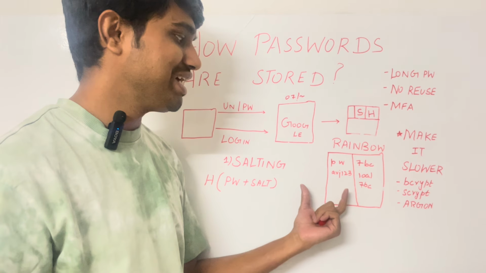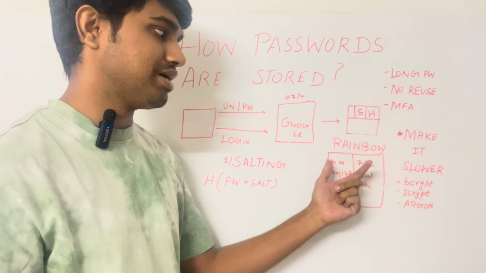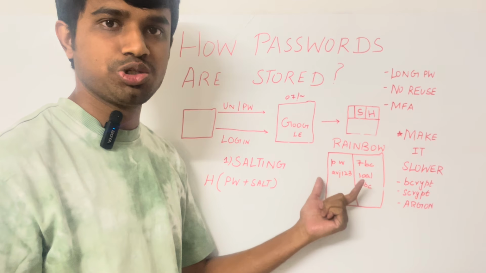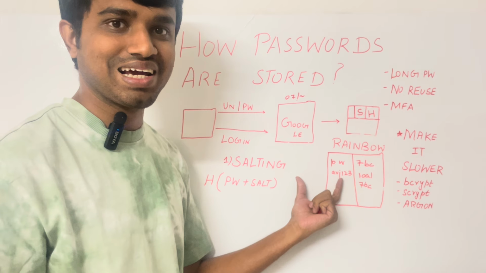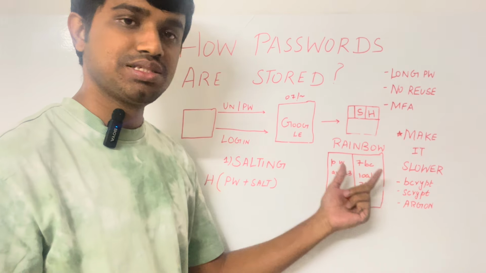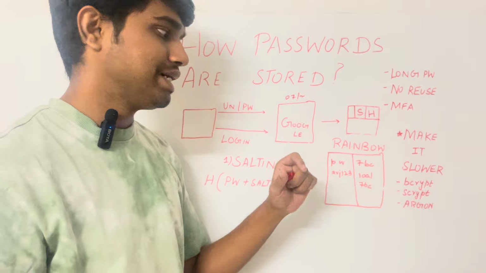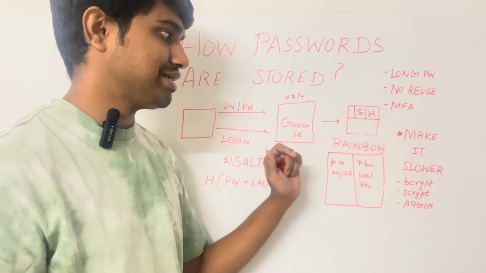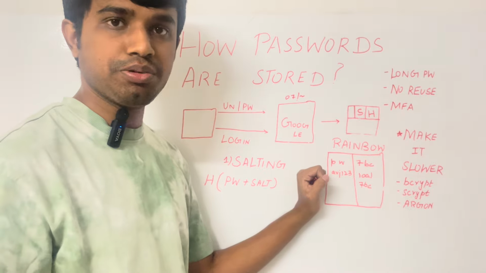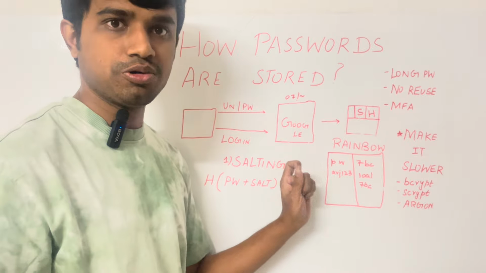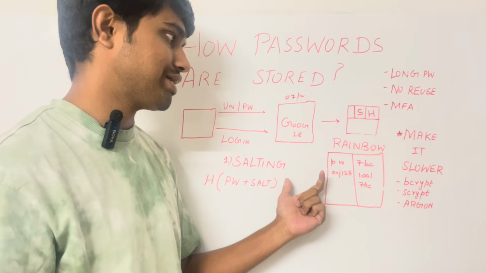If it is easy, you give your list of passwords and it gives you the hashes in the next seconds, of course they are motivated to continue with the attack and keep trying. But these things make it slower and resource intensive, so it is a little bit harder for them to pre-compute these things and proceed with the attacks.